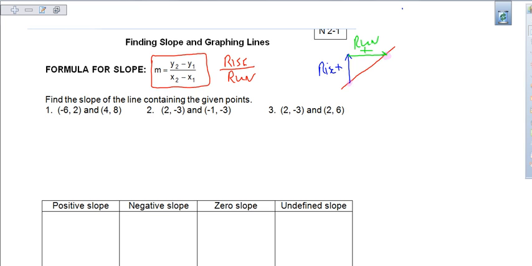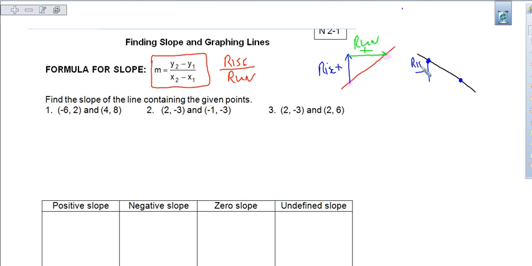Well, let's take a look at a negative sloped line, one that decreases as you move from left to right, and we'll pick out a couple of points on that one. A point here and a point here, and here let's show this going down first. So when you go down, you indicate that as a negative quantity.